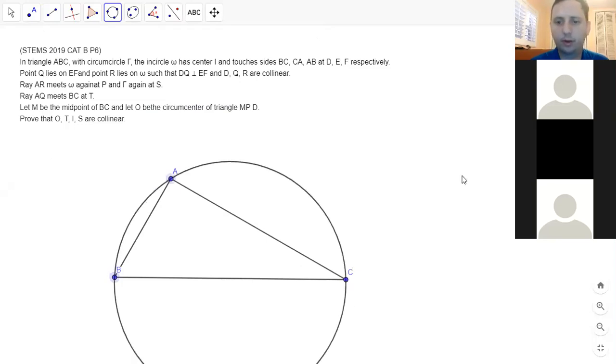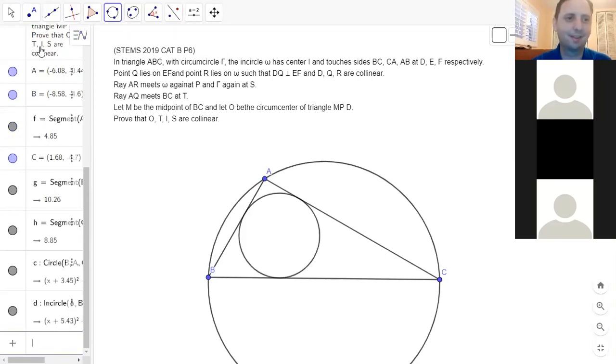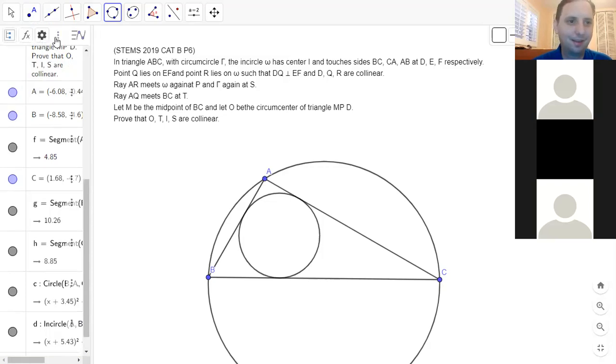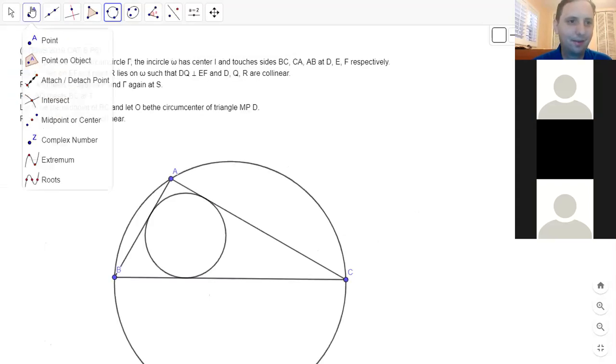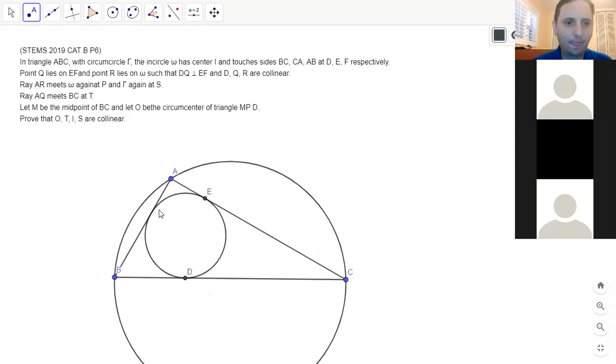Let me check the chat. Yeah, that might actually be a good source of problems, just using the Encyclopedia of Triangle Centers and finding out random things. Okay, so this is D, E, and F.